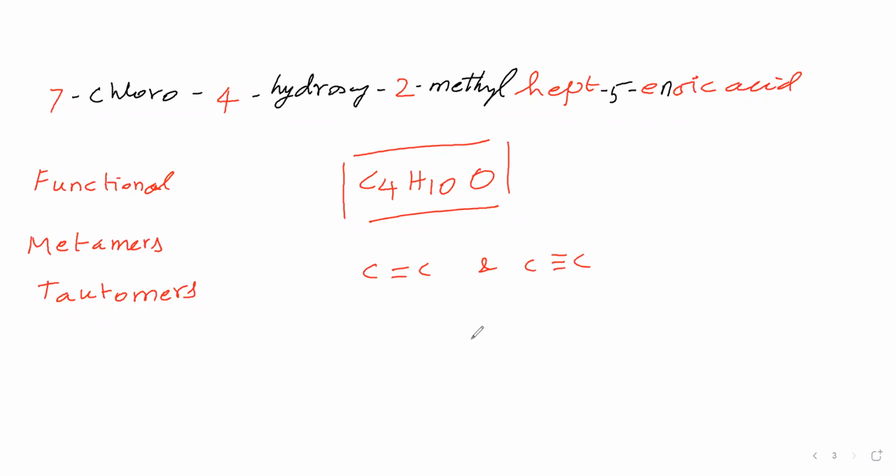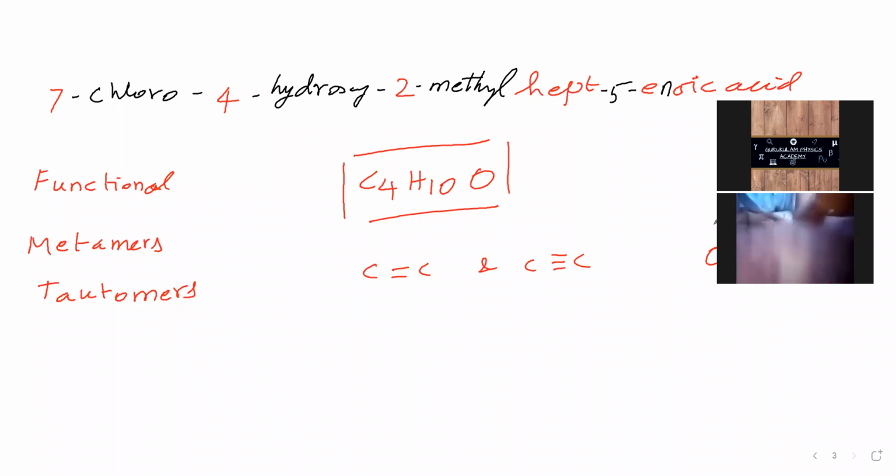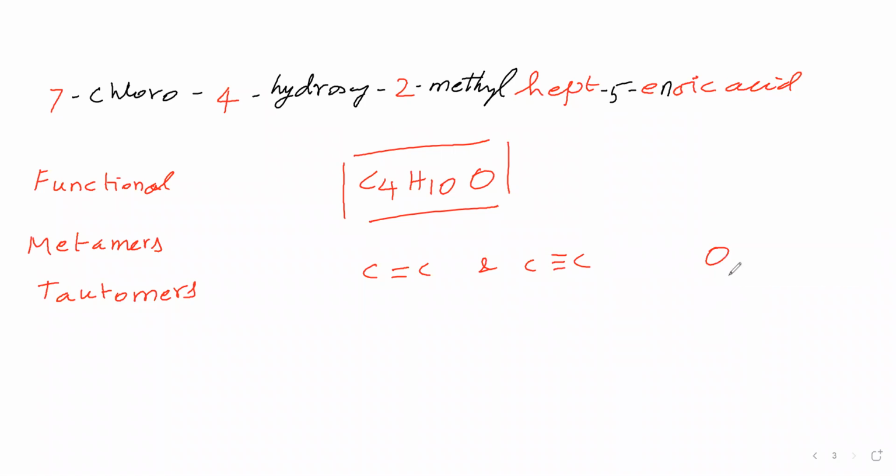If the compound contains an element other than carbon and hydrogen, then that element comes under functional group. What is the element other than carbon and hydrogen present here? Oxygen. This oxygen comes under functional group.